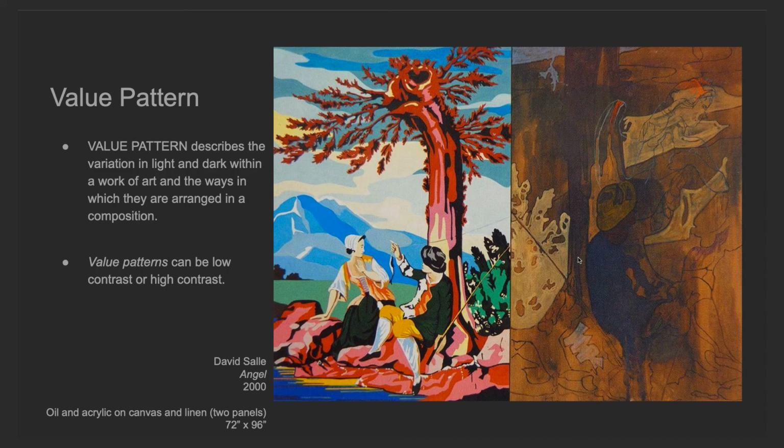The difference between the lightest light and the darkest dark is not as extreme. They're pretty close together. So again, describing the value pattern of this artwork. The artwork is divided with a left side and a right side down the middle. The value pattern is high on the left, and it is low on the right.